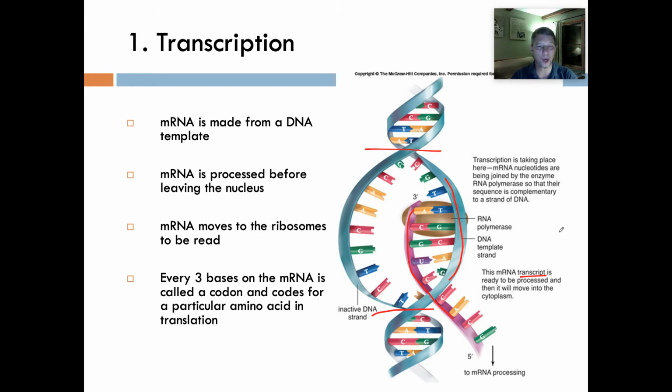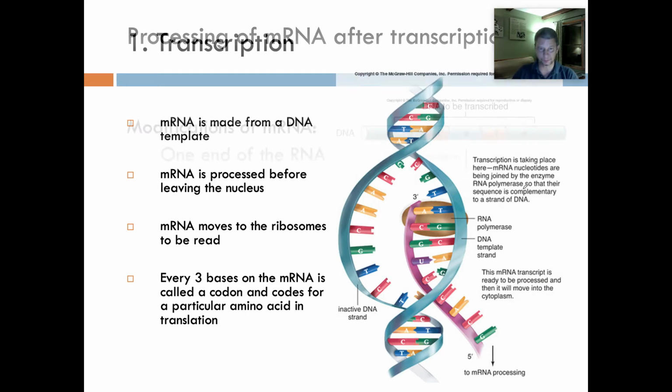And then once it's processed, it leaves the nucleus and goes out to the ribosomes to be translated, which we'll get to in a minute. Remember, again, that every three bases on the mRNA molecule is called a codon. And each codon, based on the previous slide, codes for a very particular amino acid.